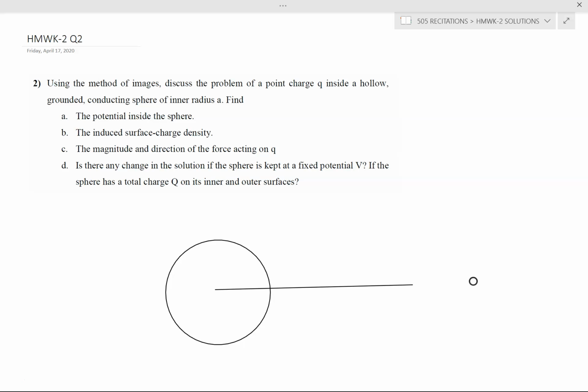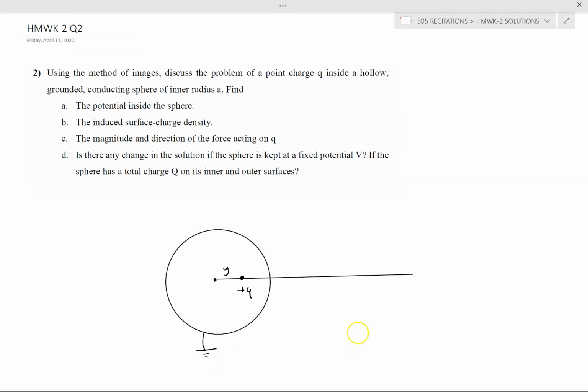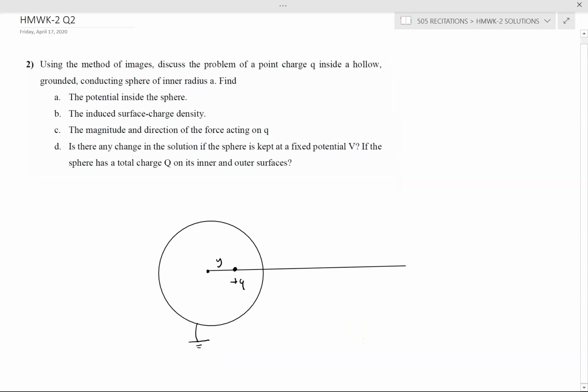This is the origin of the circle. I am placing my plus Q over here at point Y, and I am given that the whole circle surface is grounded. It has the very same potential. Under these circumstances, what is the image charge of it, so that I can calculate the potential inside the sphere, induced surface charge densities, etc. That's the idea.